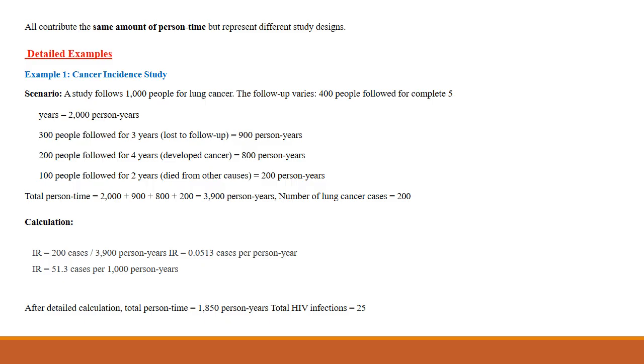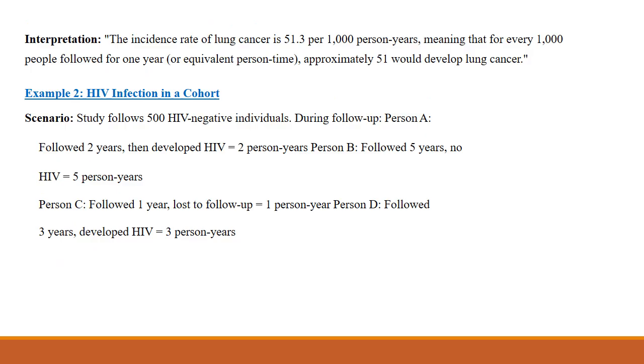After detailed calculation, total person-time is 1850 person-years, with 25 total HIV infections. Now example number 2, HIV infection in a cohort. A study follows 500 HIV-negative individuals during follow-up. Person A followed 2 years, then developed HIV, 2 person-years.